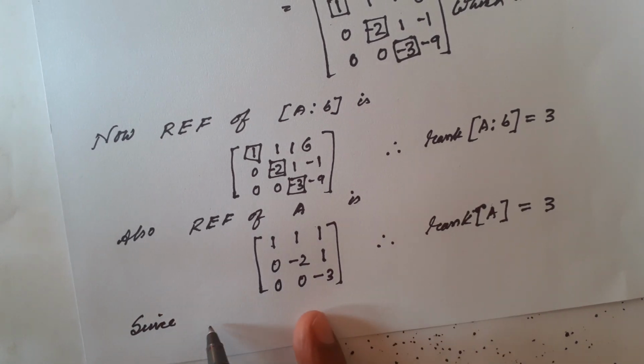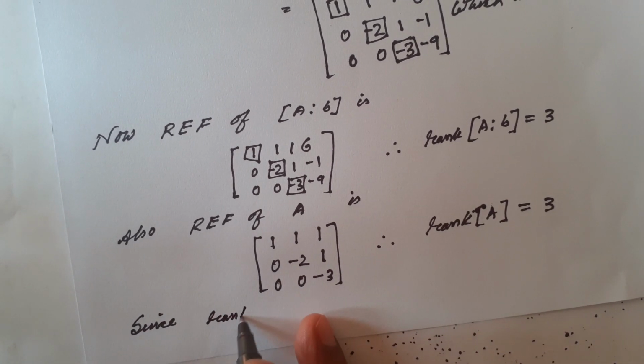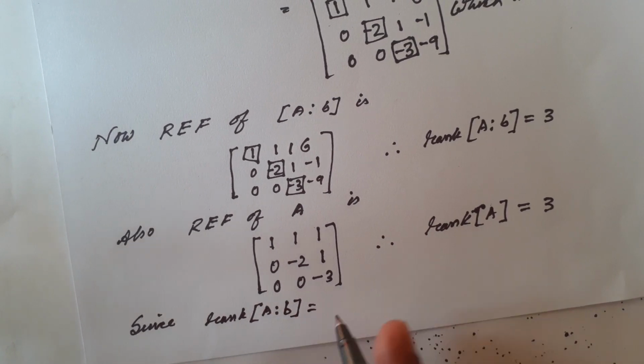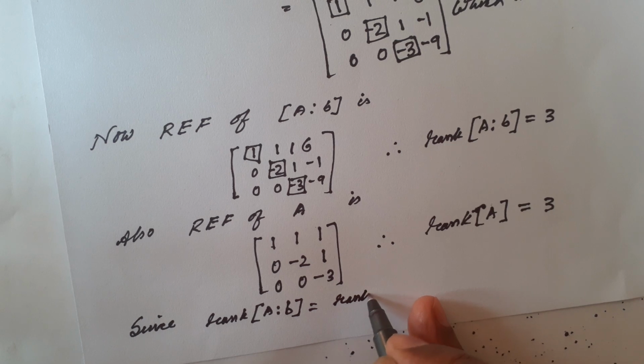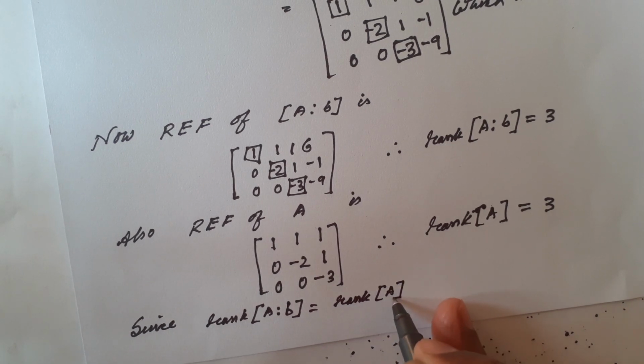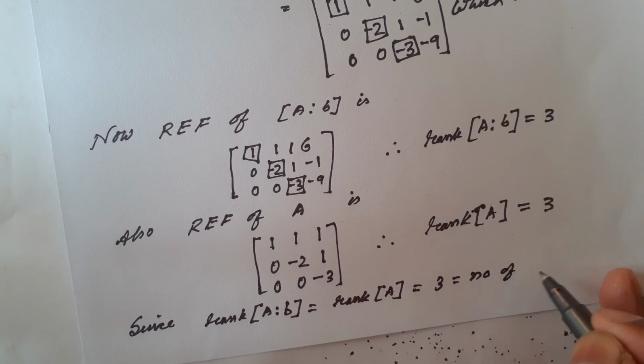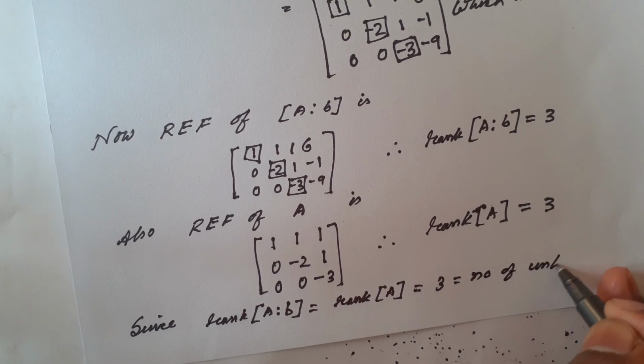Now recall the theorem: rank of AB is equal to rank of A is equal to 3, which is equal to the number of unknowns.